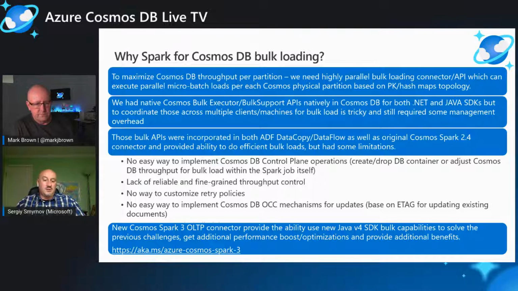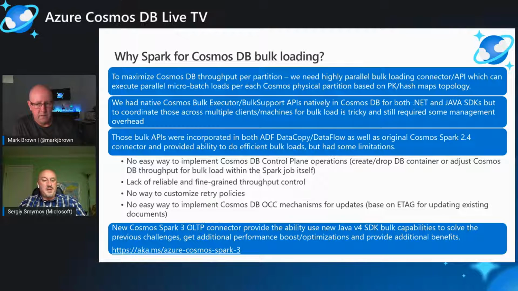In addition, there were challenges with customizable retries. There was not a lot of exposure to what we can customize, what we actually retry, and how long. And then other concurrency control mechanisms for upserts.